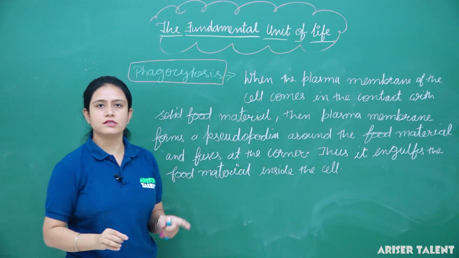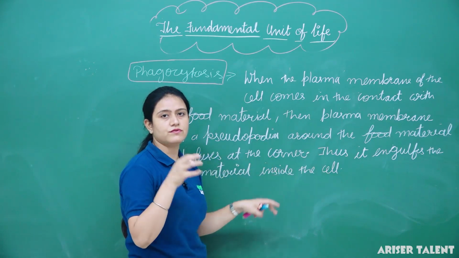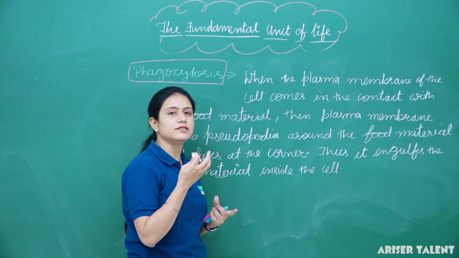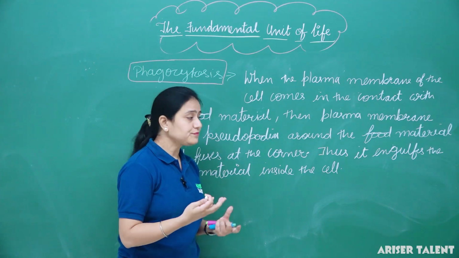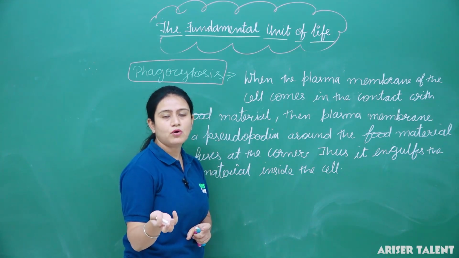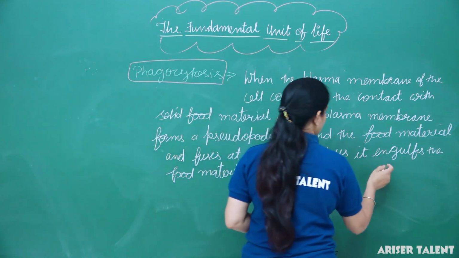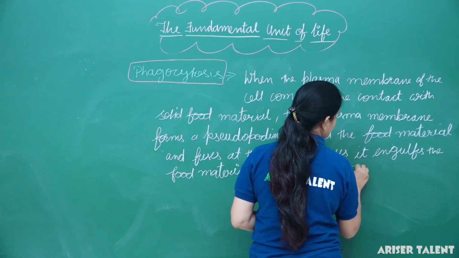Then the rest of the process is the same as pinocytosis: the food material which goes inside the cell comes in contact with the digestive enzymes. The digestive enzymes then break down the food material into a simple form, and the undigested food material is thrown out of the body by the process of exocytosis. So here we go.